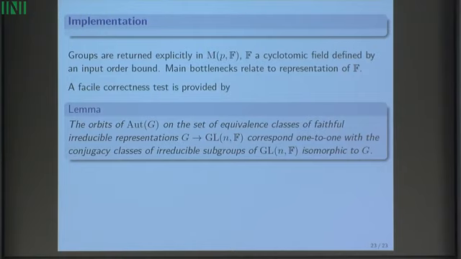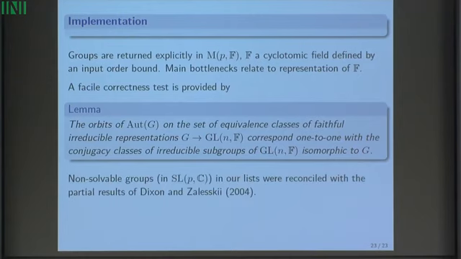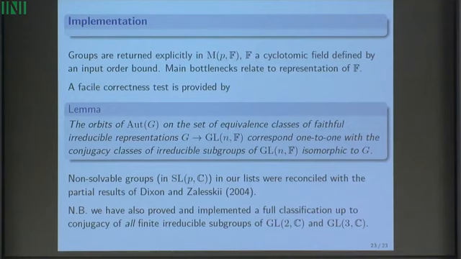It's system dependent. The non-solvable groups we're able to reconcile as far as possible with the partial information in the lists of Dixon and Zaleski. So we made some mistakes, actually. They were right in a few instances.